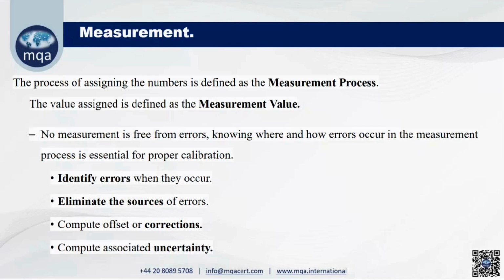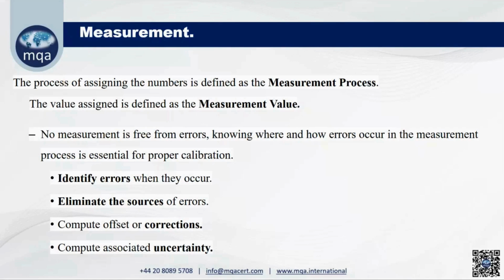In some cases, like a vernier caliper or micrometer, we are using contact measurement. Contact measurement means the jaws are touching the part. So there can be chances of friction and abrasion. The jaws can get damaged, so an offset will be created.